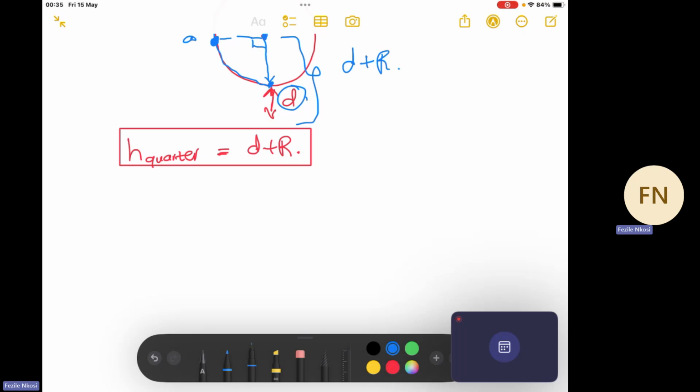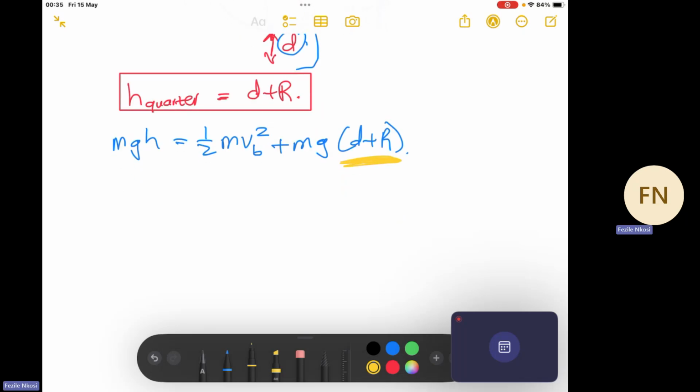Good. So mgh equals half mv squared plus mg. No one would be surprised seeing this, right? Because now this is the height, d plus r.